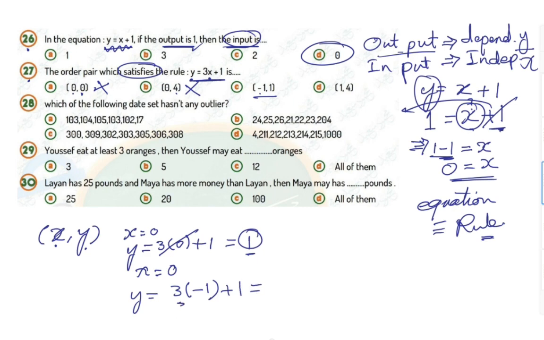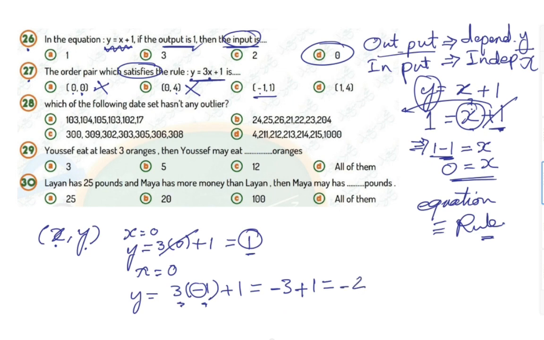So 3 times minus 1. 3 times 1 equals 3. And don't forget the sign here, negative. Plus 1. That equals what? Negative 3 plus 1 equals negative 2.